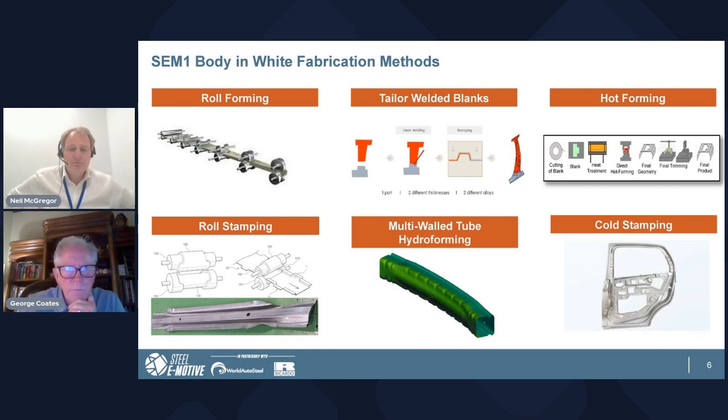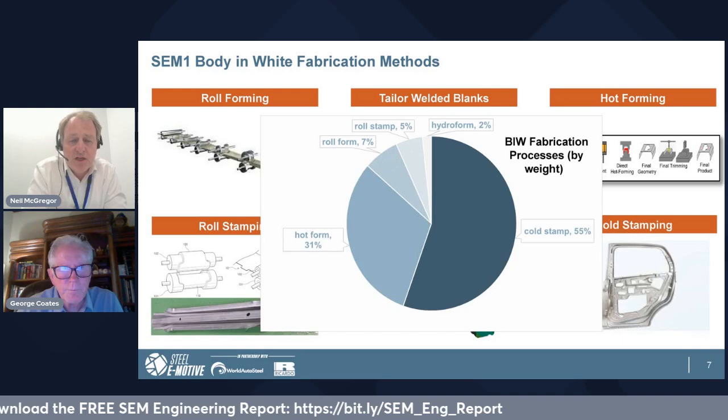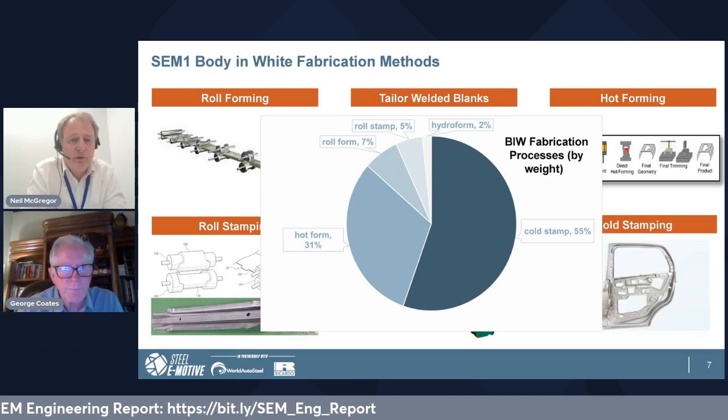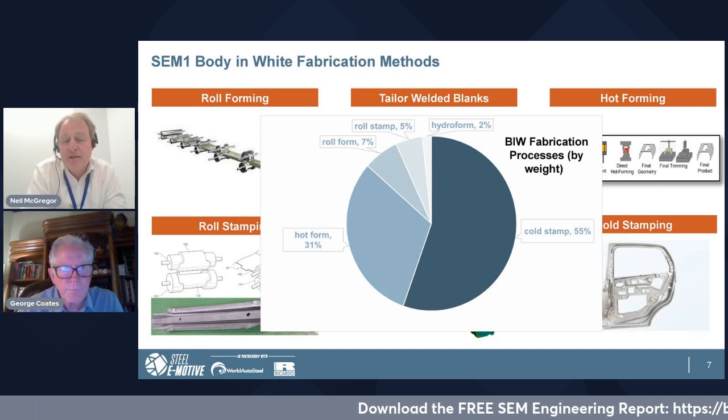And then maybe if you bring in the pie chart, George, we can have a look at that distribution. So 55% of the body structure is cold stamped, but you can see we used a significant amount of alternative fabrication methods. 31% hot forming, 7% roll forming, roll stamping, and 2% hydroforming.